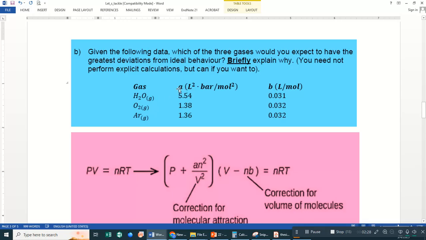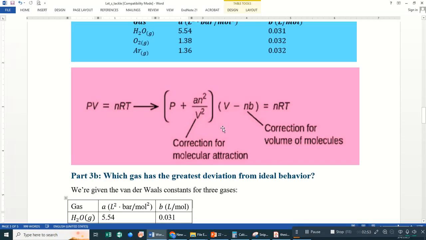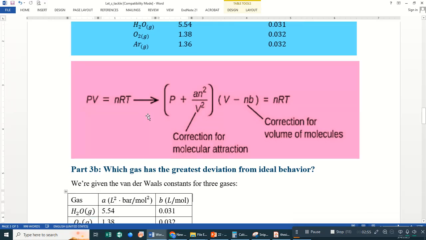Water gas has a constant of 5.54 and b of 0.031, and oxygen gas has an a constant of 1.38 and a b constant of 0.032. Argon gas has 1.38 and b of 0.032. We know that the van der Waals equation is a modification of the general gas equation.